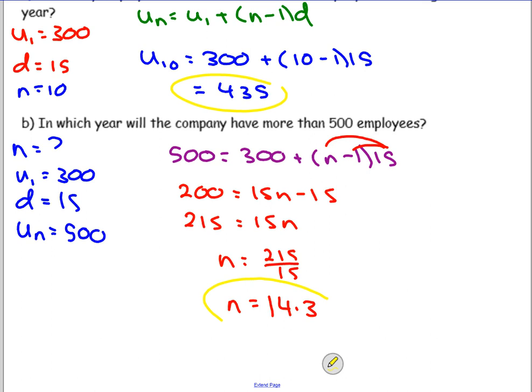So in the 15th year, exactly, because it's more than 500 employees. At the beginning of the 14th year, they won't have more, they'll have less than 500. So in the 15th year.